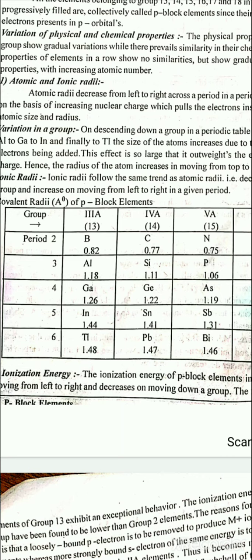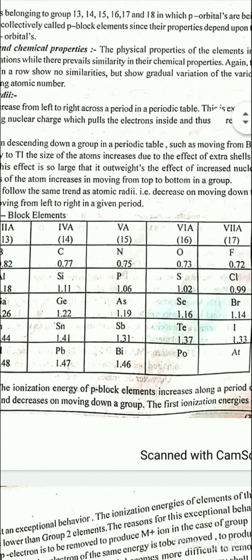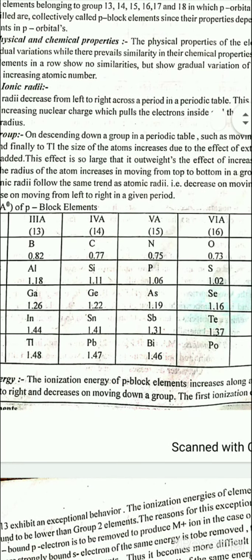One by one, electrons are entering the same orbit. It means the nuclear charge is increasing, which pulls the electrons inward and decreases the radius.